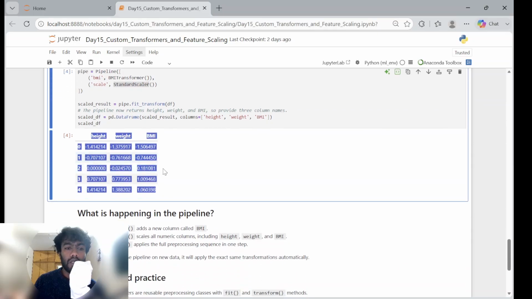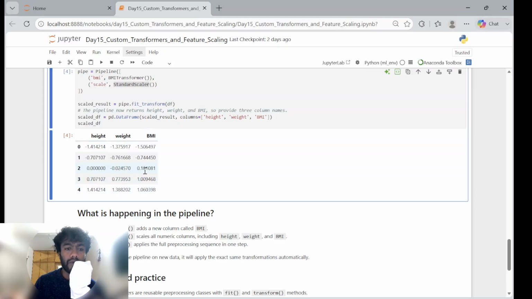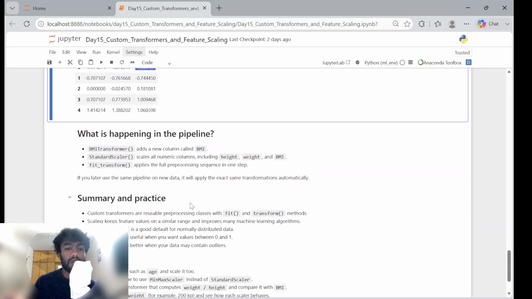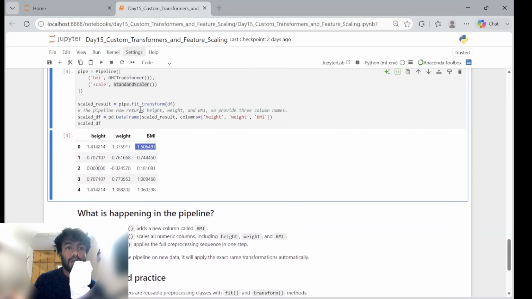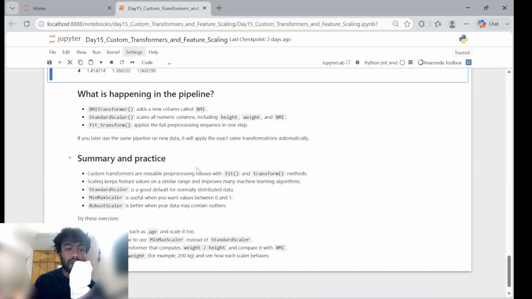We can use this BMI value in a much more predictable way. You can see that here you see double the variation, and here you see the positive side of the variation. So that's about custom transformers and feature scaling.